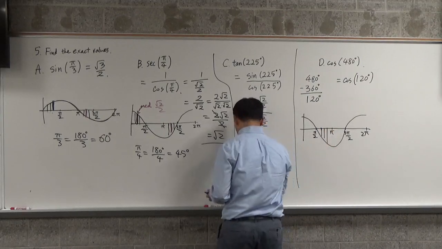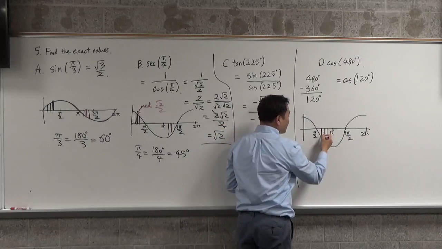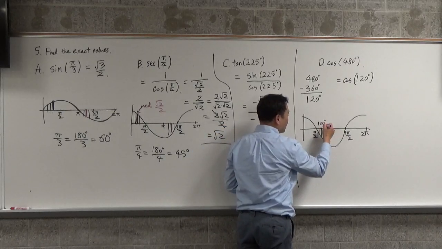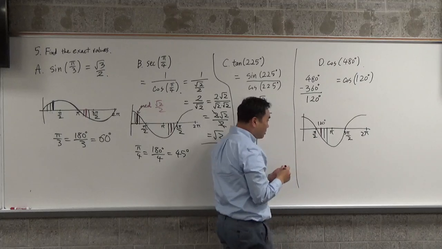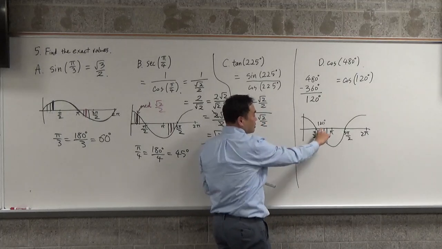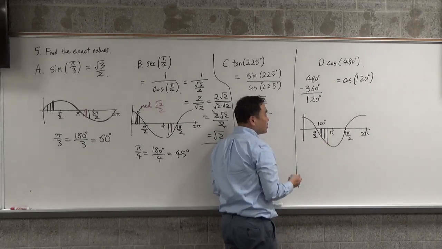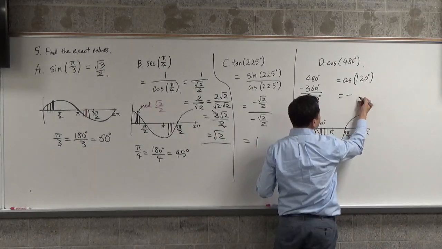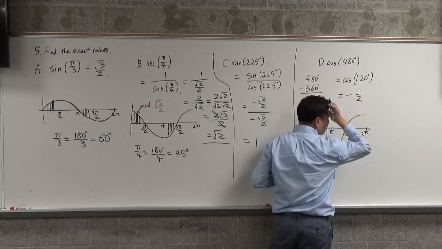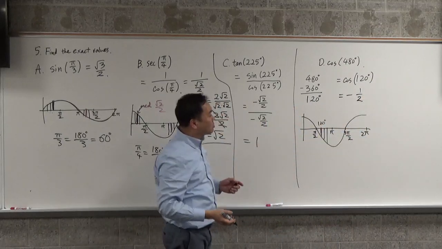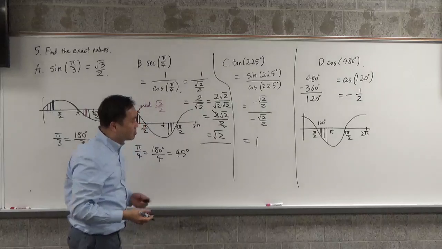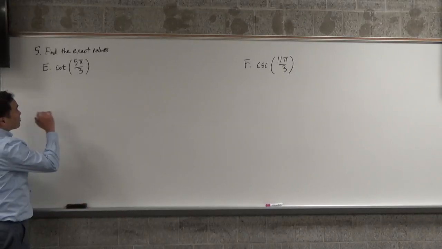So 120 degrees is right here. Okay, so what's the value? Compared to the other guys, it's small, right? Negative 1 over 2. That's the answer.